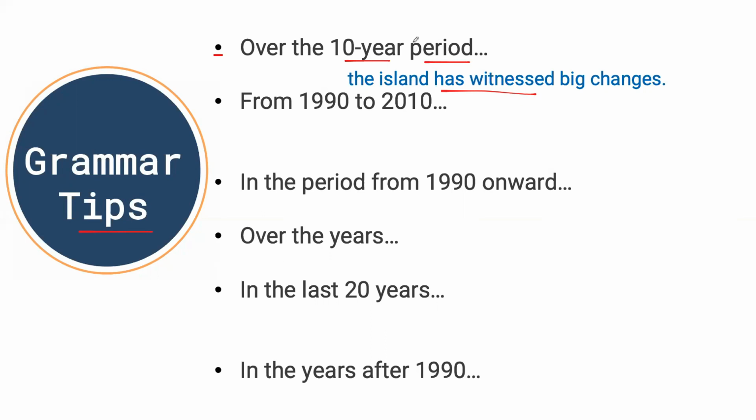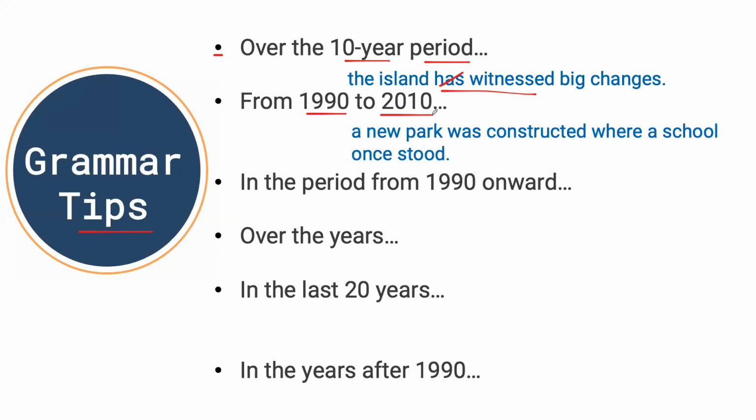If your 10-year period is completely in the past and you've made this known in your essay, you would simply use the past tense. Here we're looking from 1990 to 2010. This is definitely in the past, so we would use the past simple. So we could say from 1990 to 2010, a new park was constructed where a school once stood.